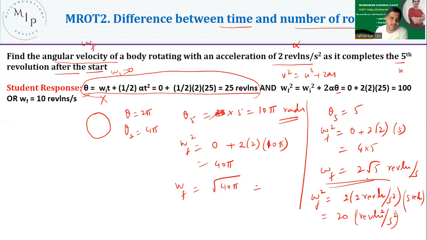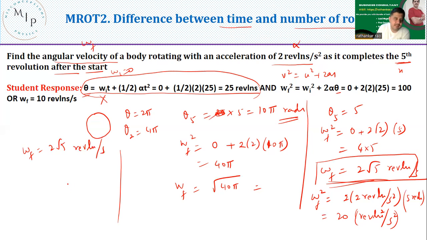Okay, so the major mistake that happened was the student got confused with the theta over here, with the time over here. Now, if in the question the answer you need is in terms of radians per second, how do you solve this? We have got omega f is equal to 2 root 5 revolutions per second.